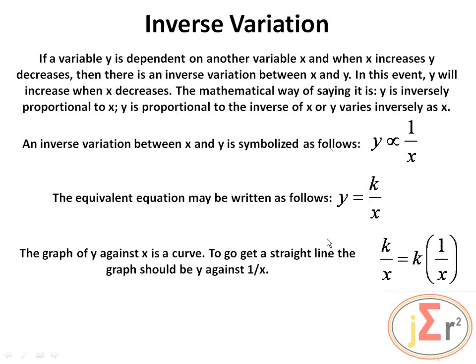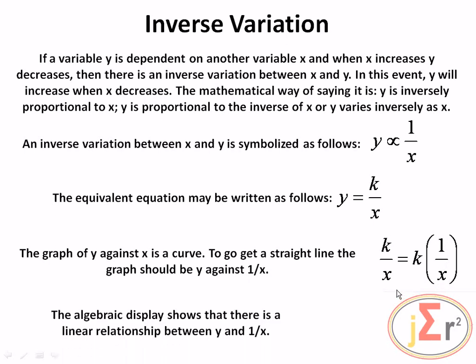Why? Because if we write k over x, we may even write it as k multiplied by 1 over x. So the constant, which is the gradient, is right there, and we have 1 over x there. So the other variable turns out to be 1 over x instead of x. The algebraic display shows that there is a linear relationship between y and 1 over x.